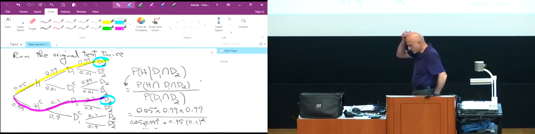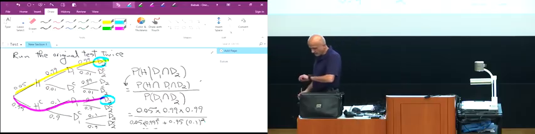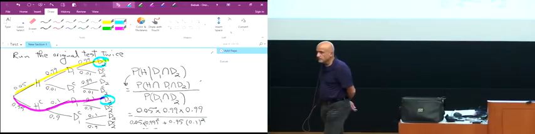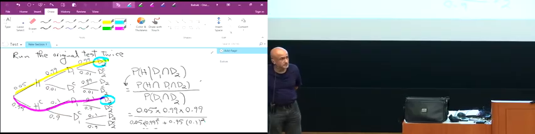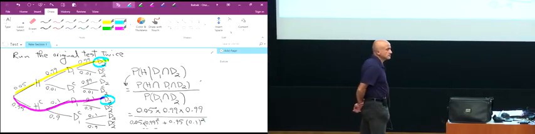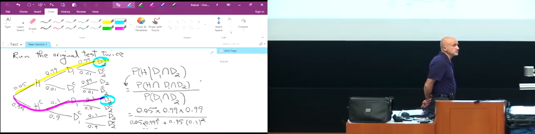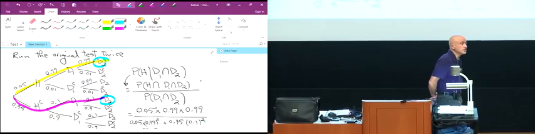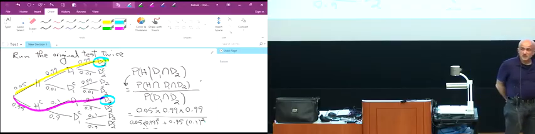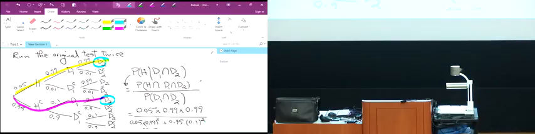Let me just say one thing broadly about what we've been doing. Bayes' theorem is essentially about, in fact, conditional probability in general. It's about revising your prior estimates of the likelihoods of events given observations, measurements, or new information.